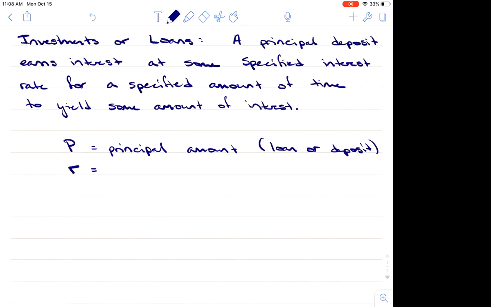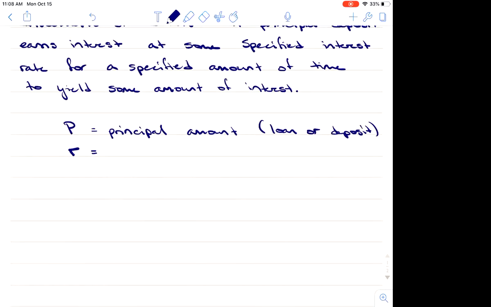This is the interest rate per year. That's going to be important. If we're not given per year, so 5% per year, and if I told you that it's 1% per month, then that's 12% per year. So we might have to convert it to per year. That's important to keep track of. So it's the interest rate per year.